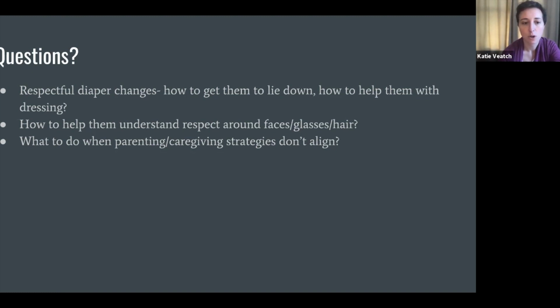And then what do we do when the parenting strategies don't align with our values as a caregiver? How do we manage that situation? I've talked about this a little bit, and I'd love to hear what wisdom you all have to share. For me, it's about sharing resources and also understanding where the parent comes from.